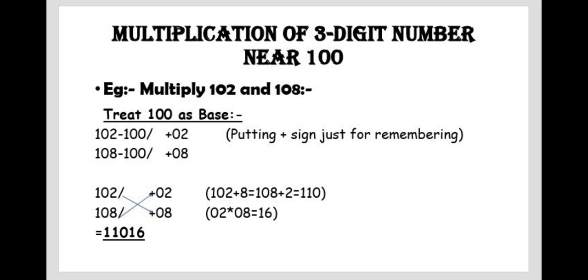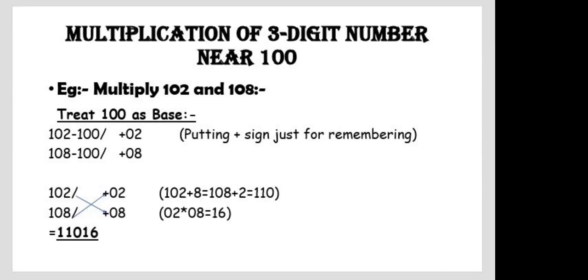But for three-digit numbers, we are subtracting 100 from both numbers. This is the only difference in these two cases. Now let's see multiplication of three-digit numbers practically.